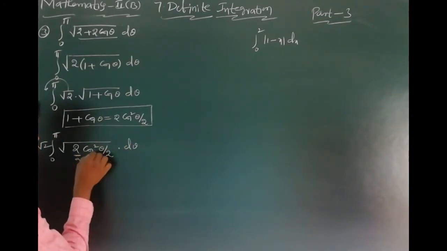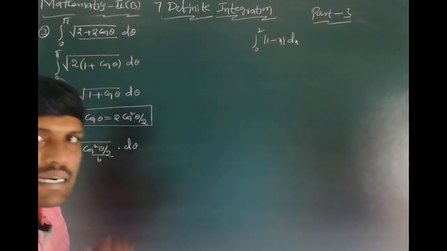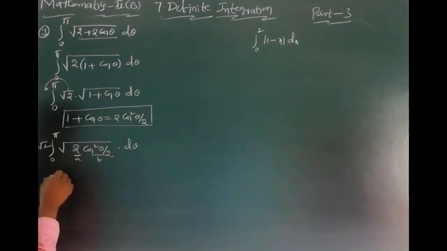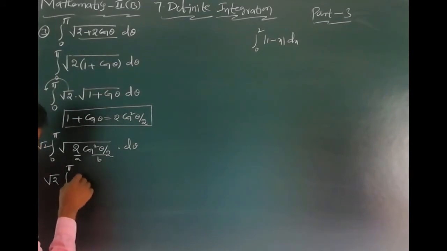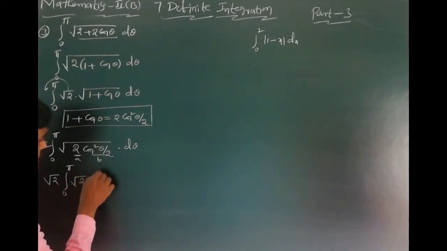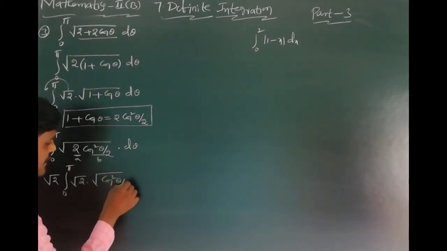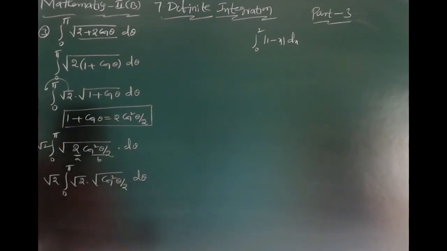Here this one is a, this one is b. You can write separate square roots: square root of 2 into the integral 0 to pi of square root of 2 into square root of cos square theta by 2 into d theta.